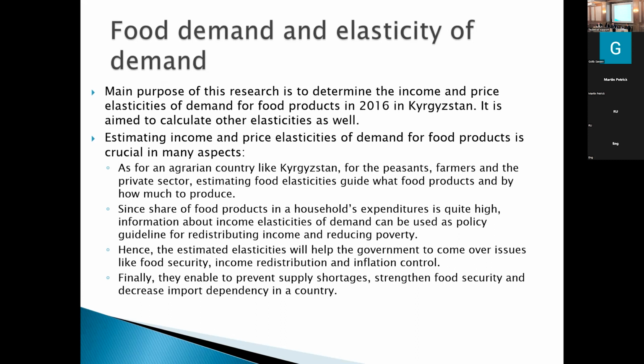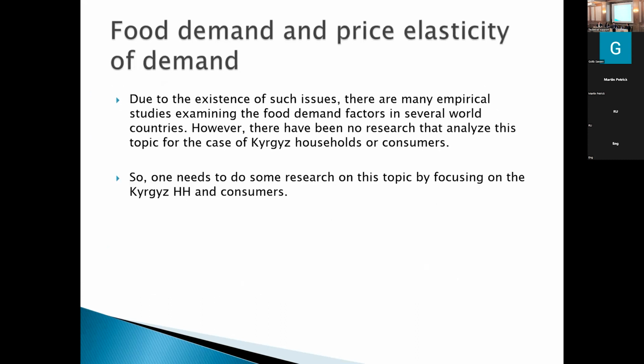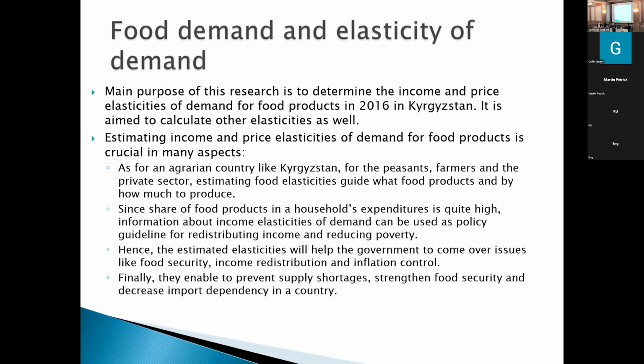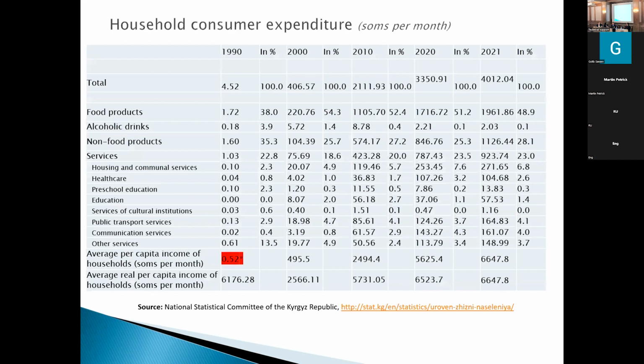When we look at the household consumer expenditures, we can see that the reference year here is 1990, before the collapse of the Soviet Union. When we compare, we need to look at the percentages in the food products, for example.